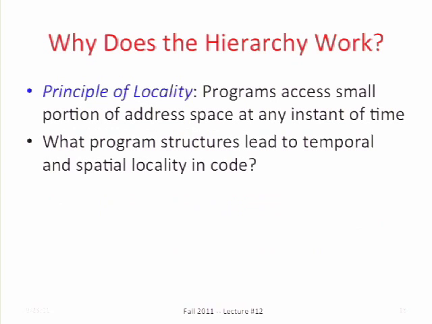What about temporal locality? When in a program might you find some good temporal locality? Any ideas? Yeah, iterations, when you're in a loop. So, i equals i plus 1, do something, i equals i plus 1, do something. You're just zipping around in this little piece of code. That's going to be good temporal locality. And to your question, that's the kind of stuff you worry about when you're writing code to make it go fast.